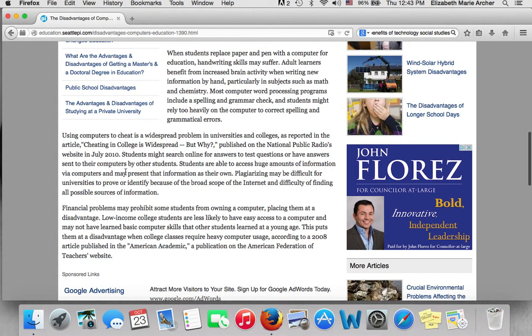Alright, using computers to cheat is a widespread problem in universities and colleges. Alright, less of a problem in, I think, my 5th grade math, science, social studies, but again, something that might need to be looked at. Online for answers to test questions or have answers sent to the computers by other students.